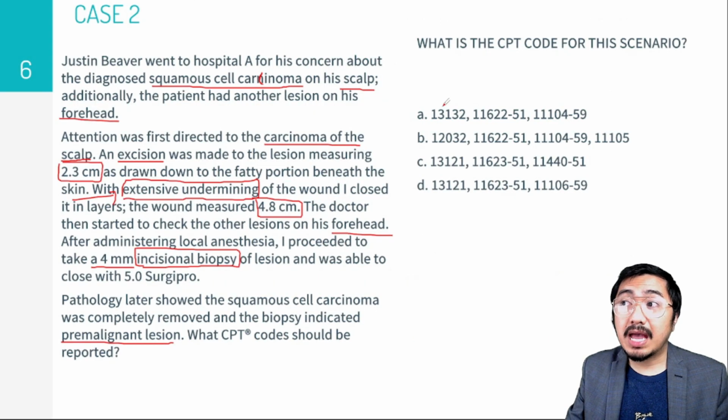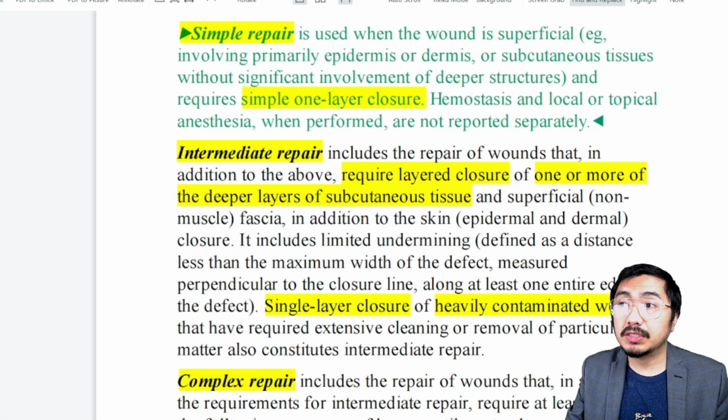Now we have to check the CPT codes from your choices. The first choice shows 13132, 21, and also 12032. Let's find out what 12032 is first, because the 3 are very near to each other.